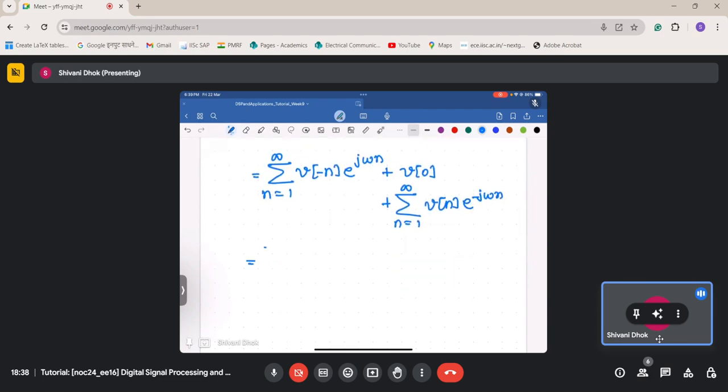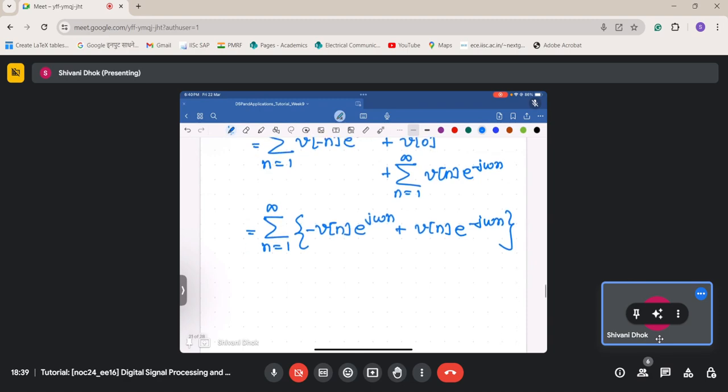So this I can write as summation n running from 1 to infinity. This v of minus n is simply minus of v of n into e power j omega n plus v of n into e power minus j omega n. And plus v of 0.